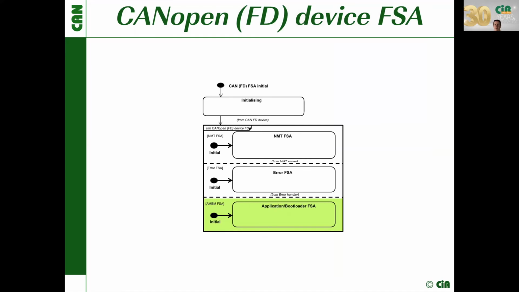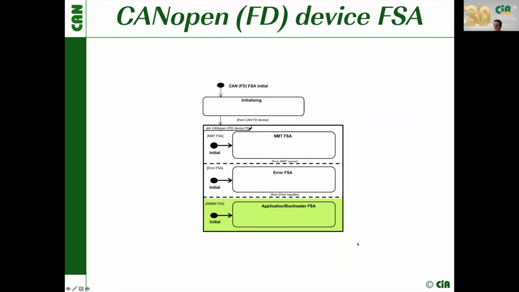And furthermore, as it is a CANopen device, we can handle the device states, either the communication, which is very clear by the CANopen specification, as well as the application status. So the upper part of this diagram, this is more or less already specified in the CANopen/CANopen FD specification.